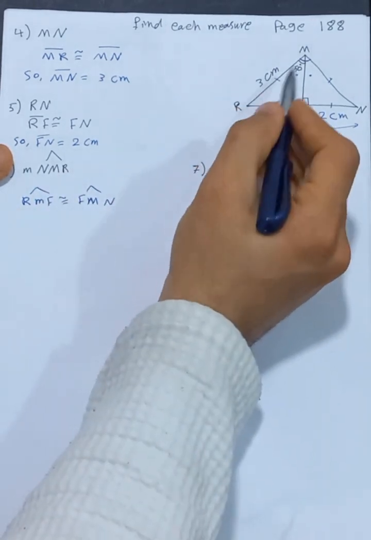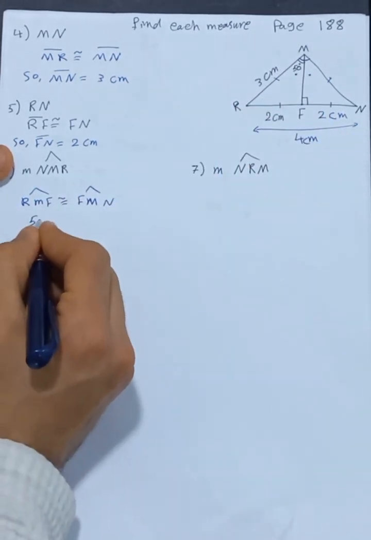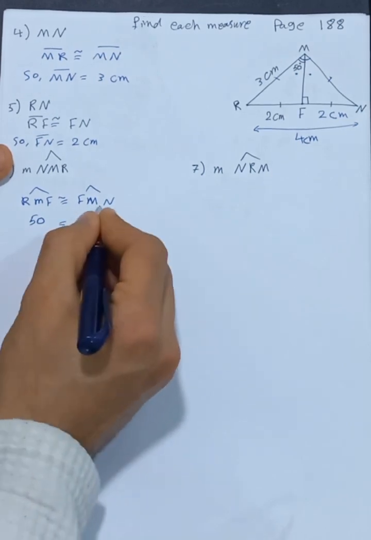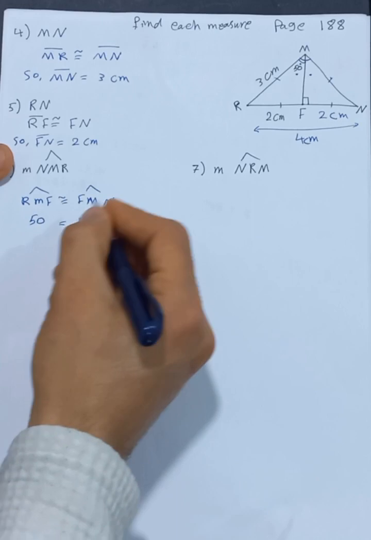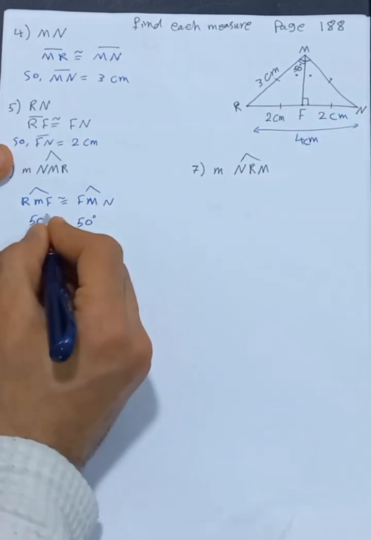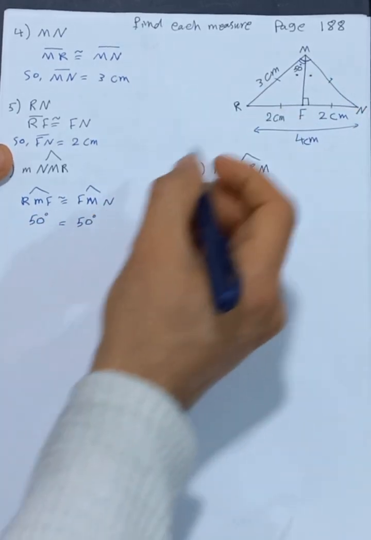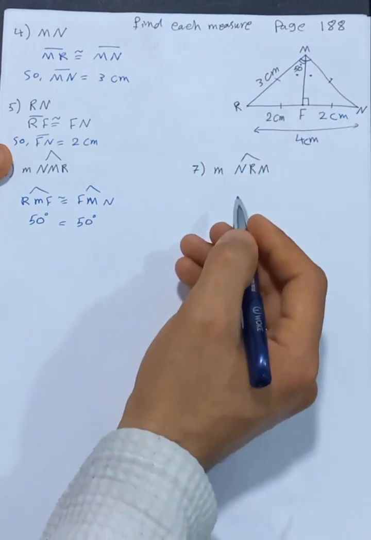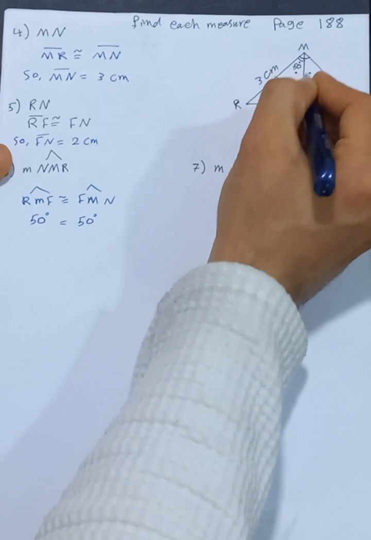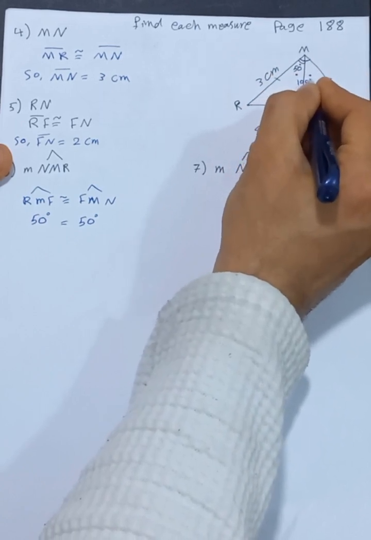So RMF is 50. And that one also should be 50. Why? Because both of them are equal. Both of them equal. So 50 and 50. So when we add them, 50 plus 50, it will be 100. So this angle will be 100 degree.